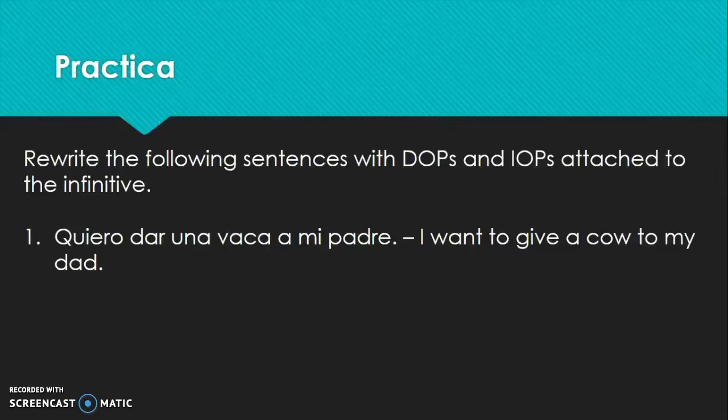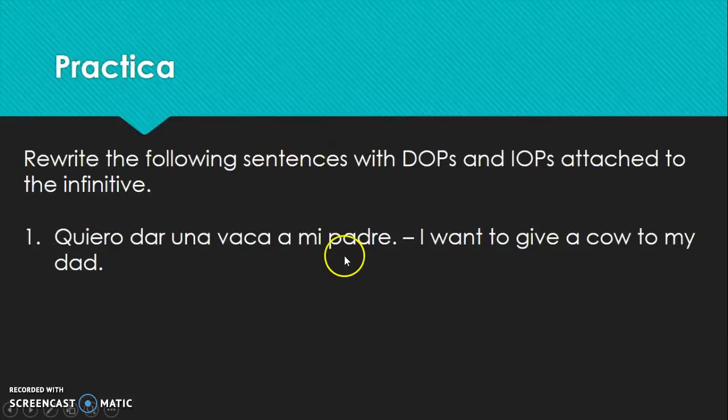First off, we need to identify what's our IOP, what's our DOP, right? IOP being the person receiving the object, and DOP, the object being given. What's being given? Una vaca. So that's going to be our DOP. Who's the person receiving it? Mi padre. That's going to be the IOP. So keep that in mind. IOP goes first, then DOP. So what do we replace a mi padre with? Me, te, le, nos, or les.